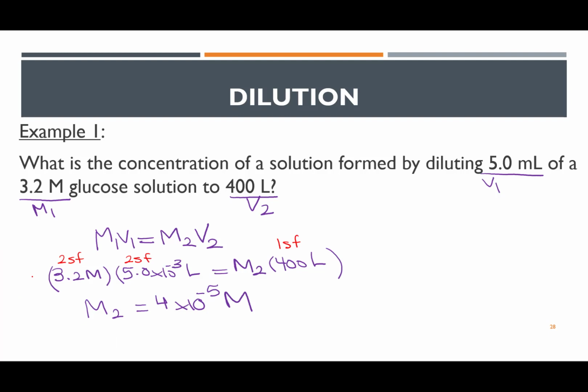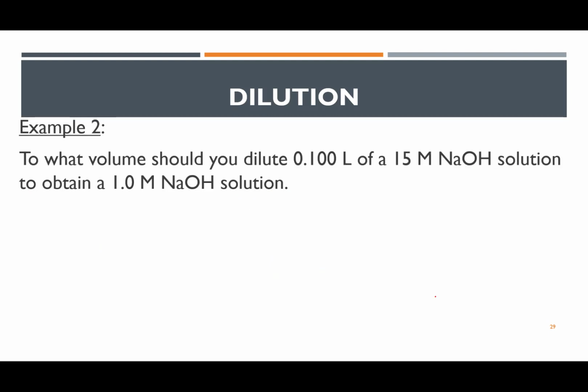Okay, let's do another problem. What you want to find out here, it says, what is the volume that you use when you dilute 0.100 liter of a 15 molarity sodium hydroxide solution to get 1.0 molarity sodium hydroxide solution?